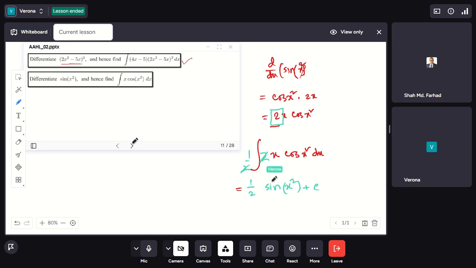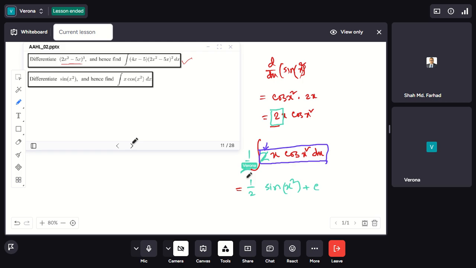No, no, no, you don't need to cancel it. Because here we have the antiderivative, that is the integral of this value, including 2.